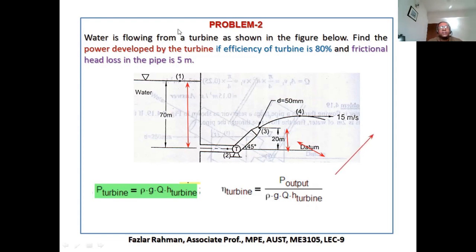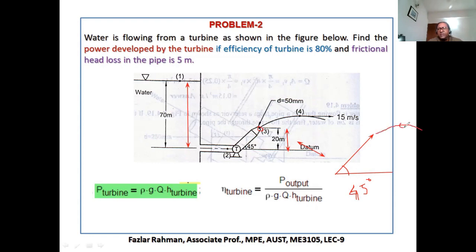This is the nozzle and this is the horizontal line. So with this horizontal line, the nozzle is making a 45 degree angle. Now when fluid comes out through the nozzle, you see right over here velocity is not given, but water is getting out like that.